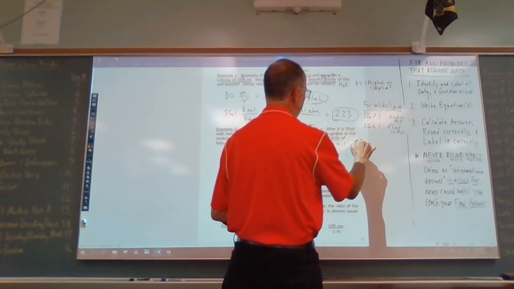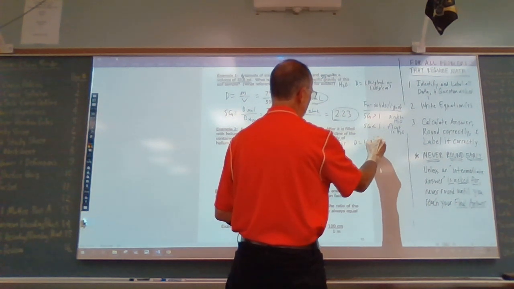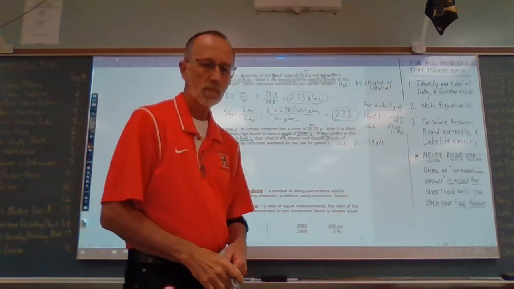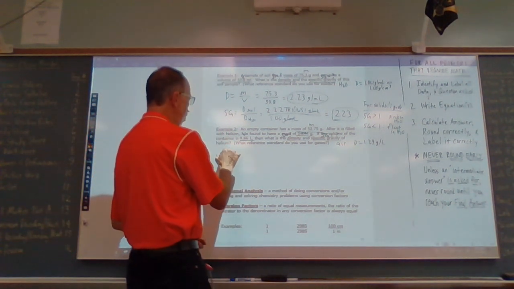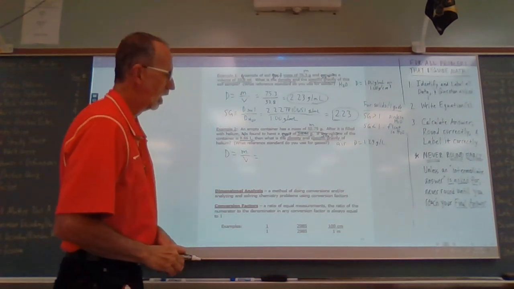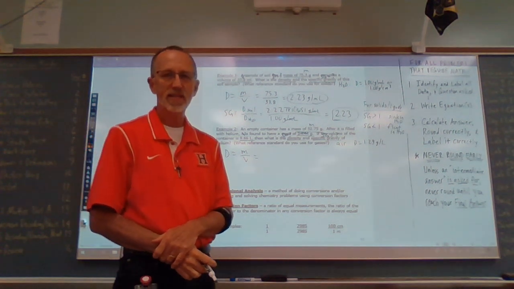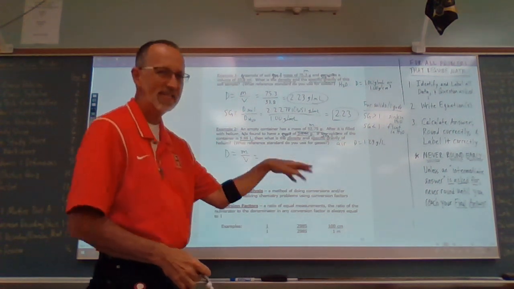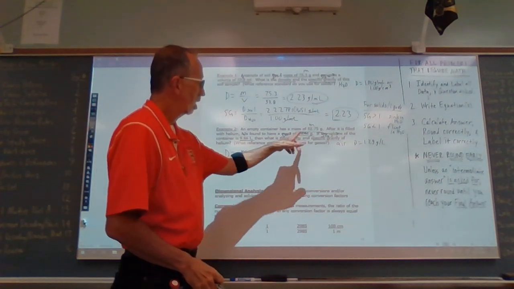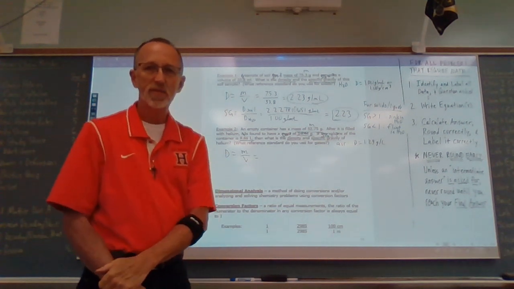And its density is 1.29 grams per liter. Okay? All right, so again, we're going to start by finding density, so M over V. We need the mass of helium. We're trying to find the density of helium, not the density of the container with the helium. So how do we get the mass of the helium? Well, here's what the container weighed empty. Here's what the container weighed with the helium in it.